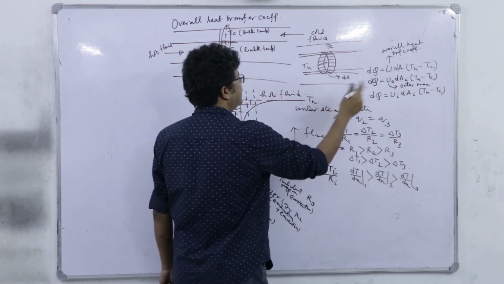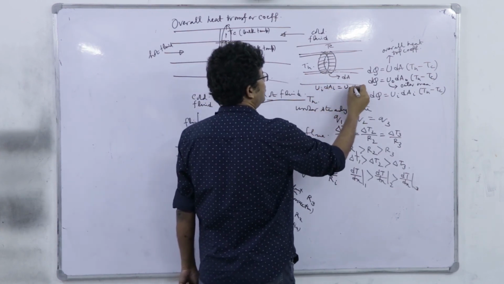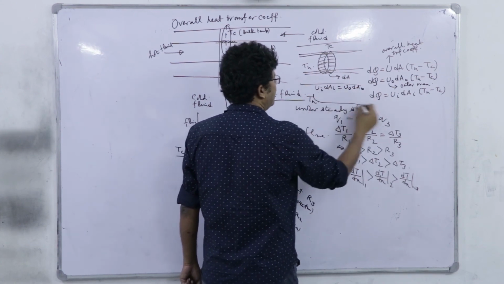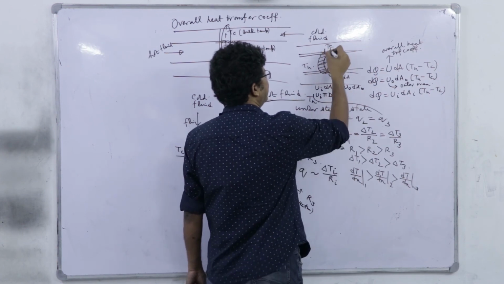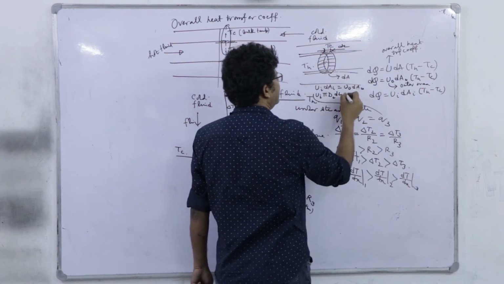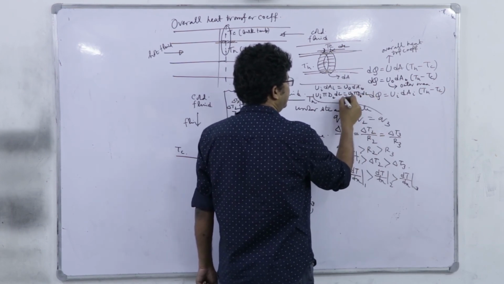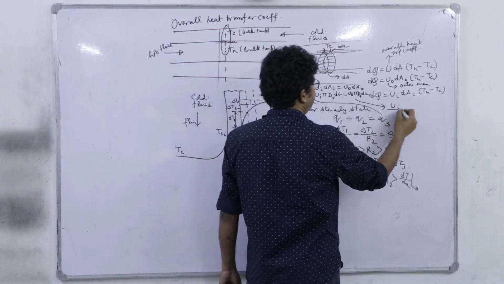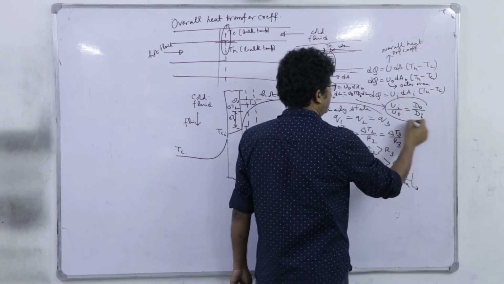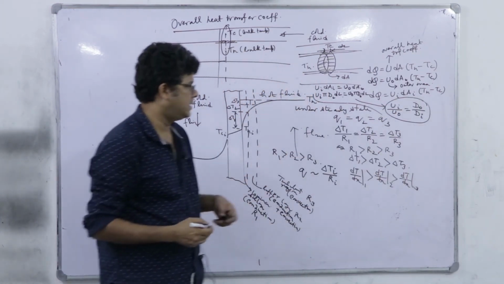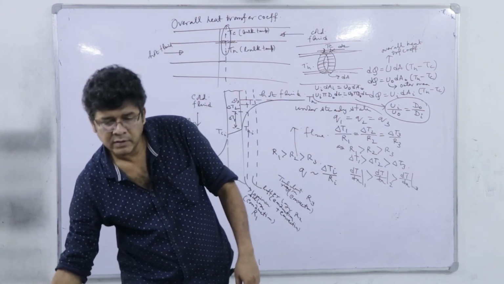Evidently these two heat transfer rates are same. So, Ui dAi will be equal to Uo dAo. Further, Ui into pi into di into dl, this length, will be equal to Uo into pi into do into dl. So, obviously from here we can write that Ui by Uo is equal to do by di. So, if I know one, we can immediately get the other using this simple ratio based relation, right.